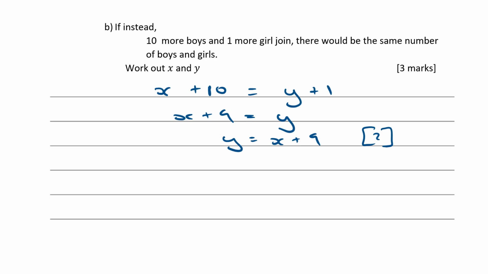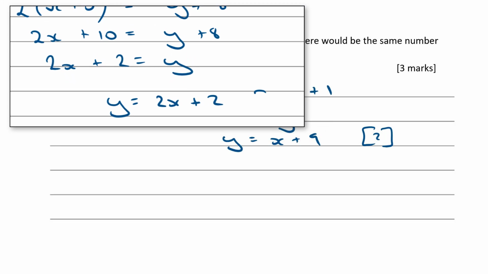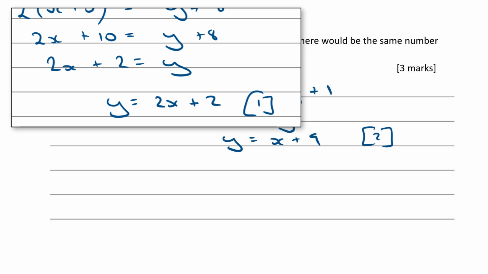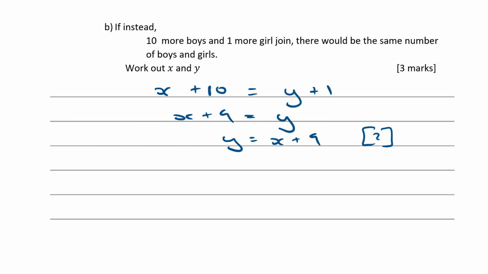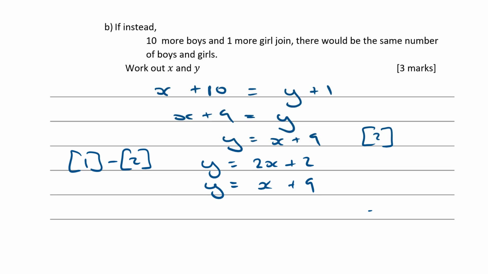My first equation was this one up here, y is equal to 2x plus 2. So if I subtract one from the other, I should eliminate y. Or I can just plug them together where the y's are. So let's do elimination: equation 1 subtract equation 2. So y is equal to 2x plus 2 is equation 1, and y is equal to x plus 9 is equation 2.